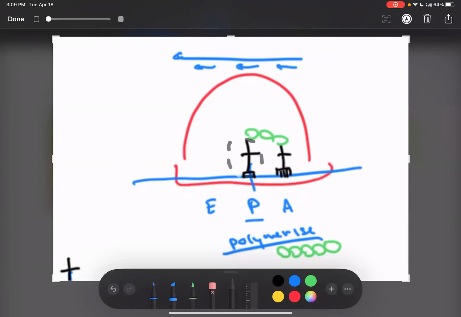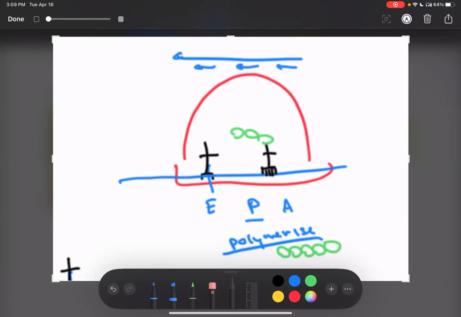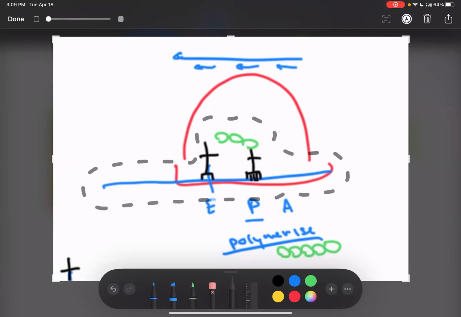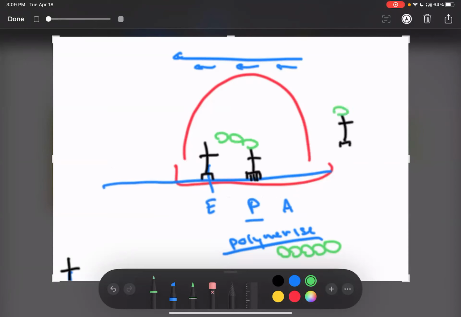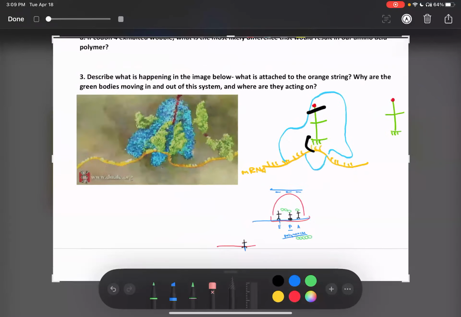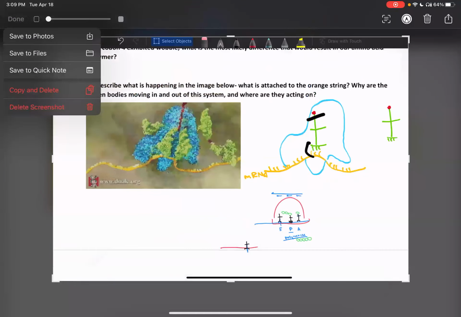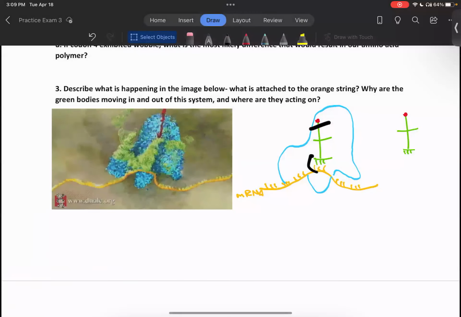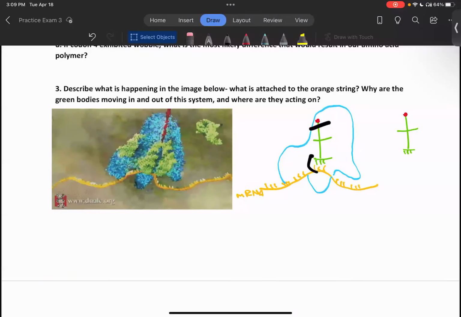And then the process just keeps going. This guy will move from the P site to the E site, the A site will move to the P site. And then once again, a new tRNA is recruited to bring the proper corresponding amino acid that we want for a specific protein to the A site. And that's what we see here in this animation.